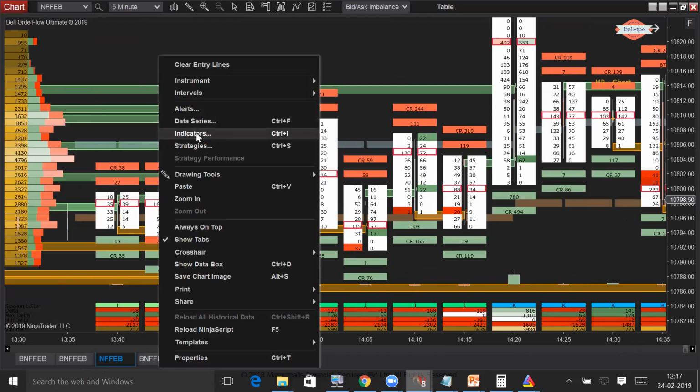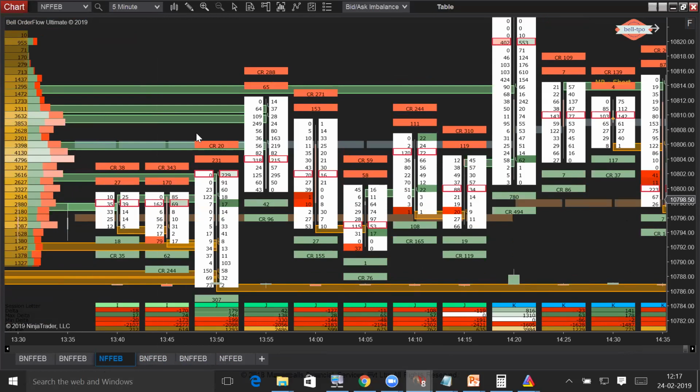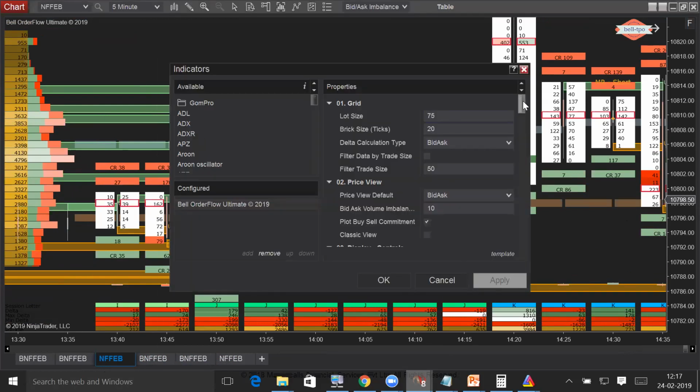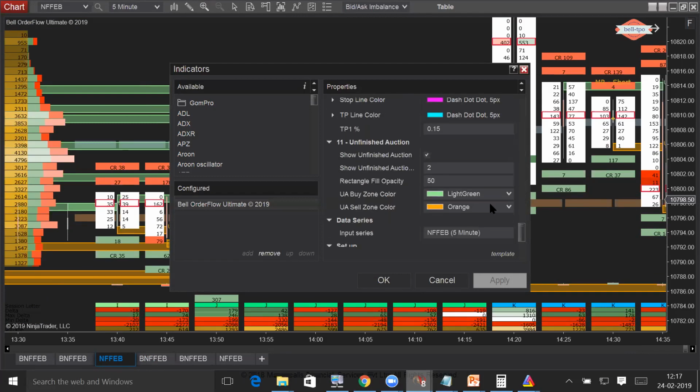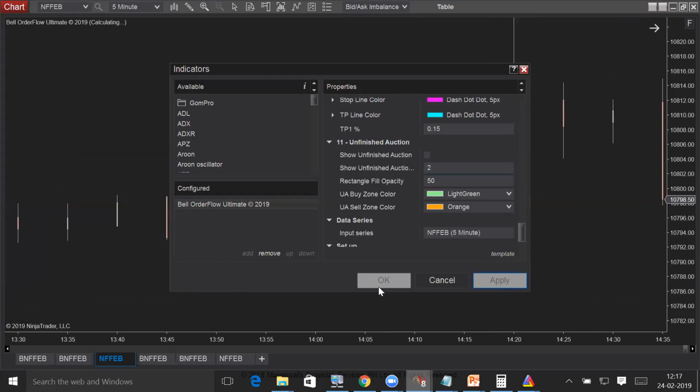Anyway, for the time being, I'm going to remove the unfinished auction levels because it's quite distracting. Unfinished business levels, I'm going to remove for the time being. So I'll not have any zones.